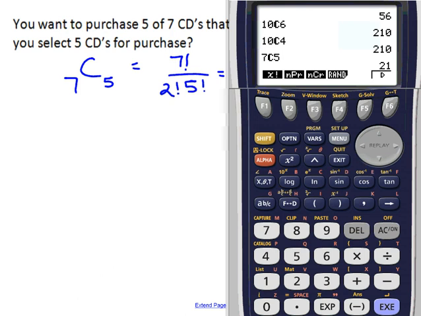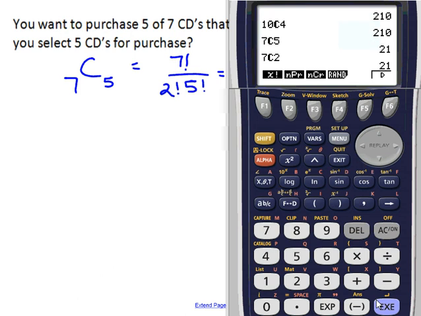By the way, just throwing this out there, what about 7C2? What if instead of buying 5, we could only afford 2 of those albums? I mean, we probably wouldn't have that many ways of doing things, right? But it's 21.